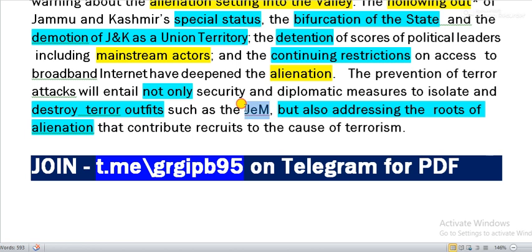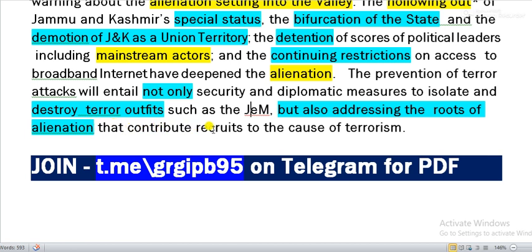So, taking full control of the state, the administration and security personnel can bring about complete destruction of terror outfits. And not only that, they can also address the roots of alienation. The causes that caused the civilians to participate with JEM, they can root out those causes.